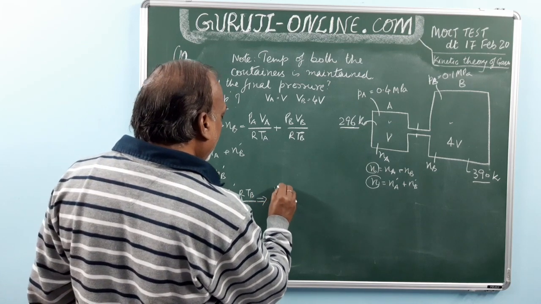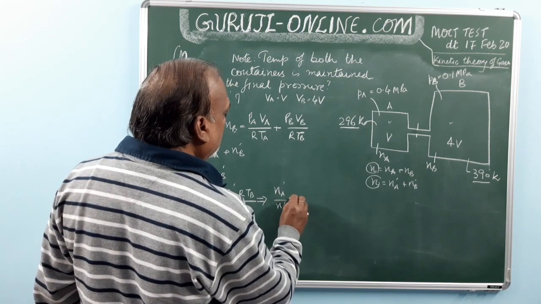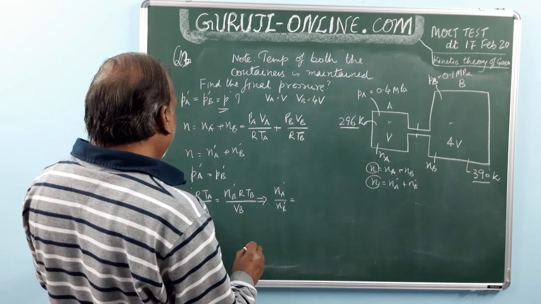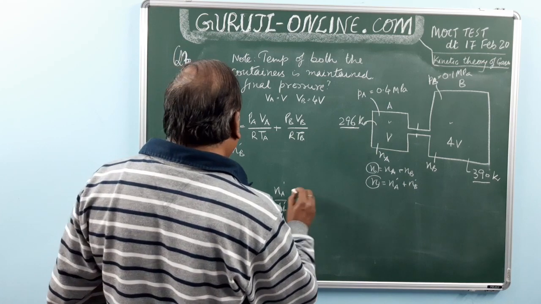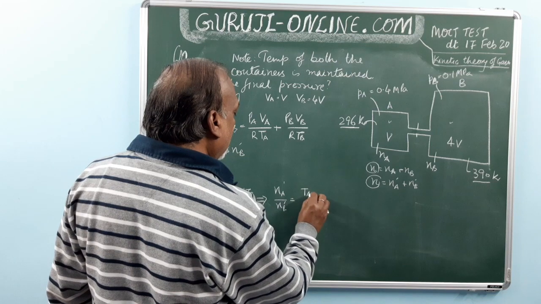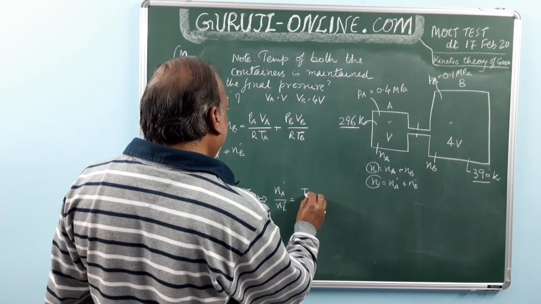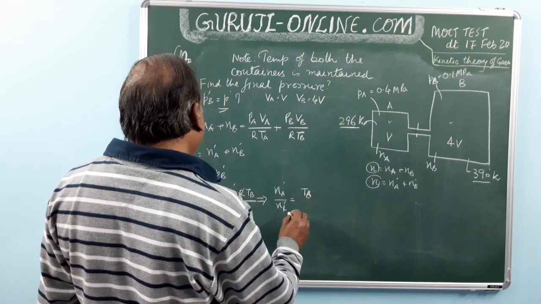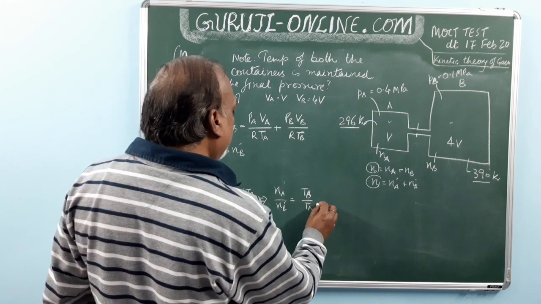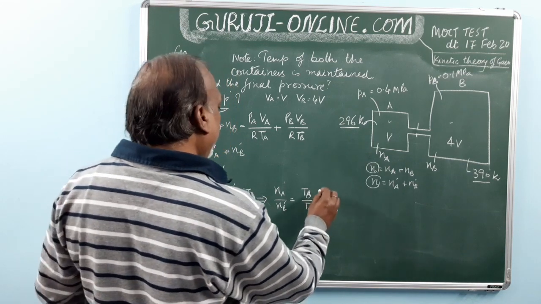This can give you Na dash upon Nb dash is nothing but, R cancels out, Tb upon Ta and Vb upon Va.